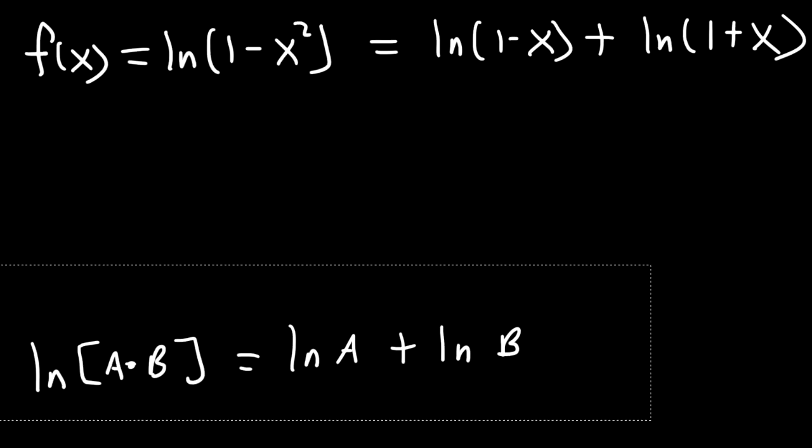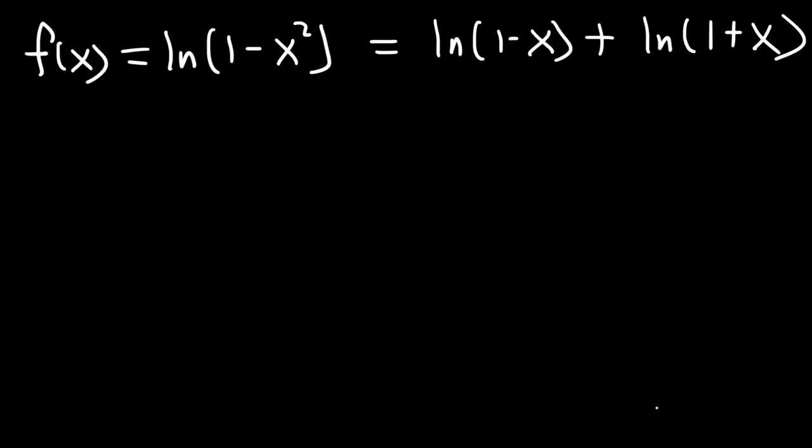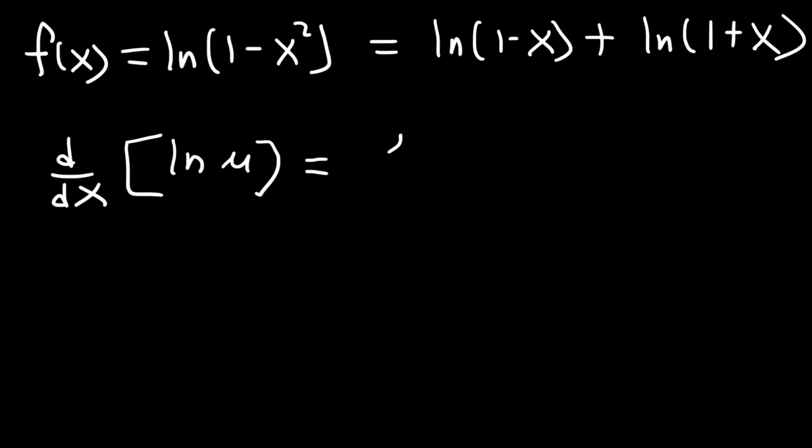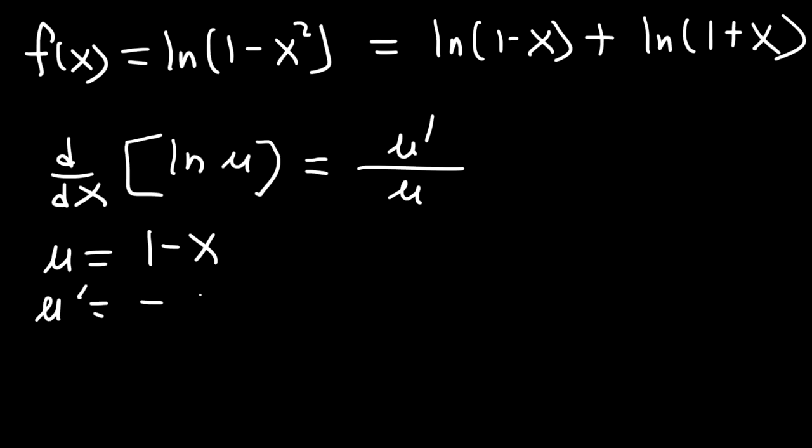Now, here's a question for you. What is the derivative of ln(1 minus x)? So recall that the derivative of the natural log of u is going to be u prime over u. So in this case, u is 1 minus x, so u prime is going to be negative 1.